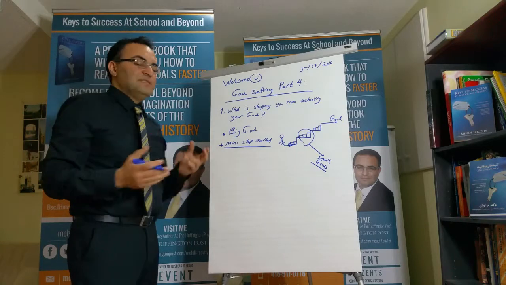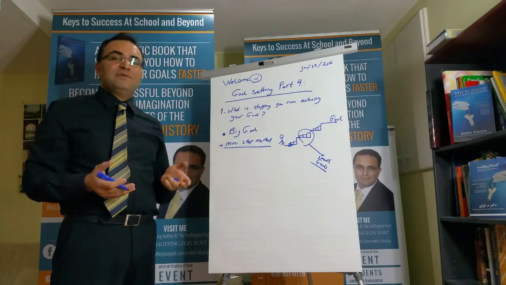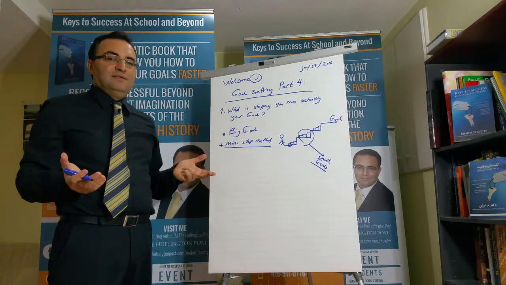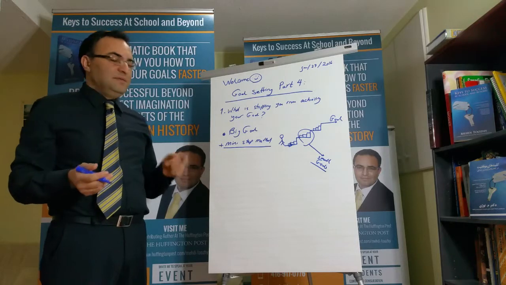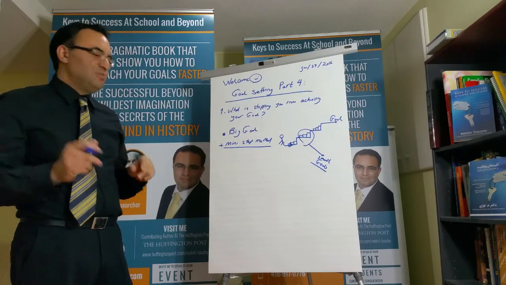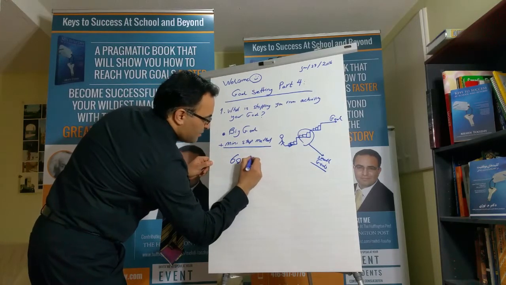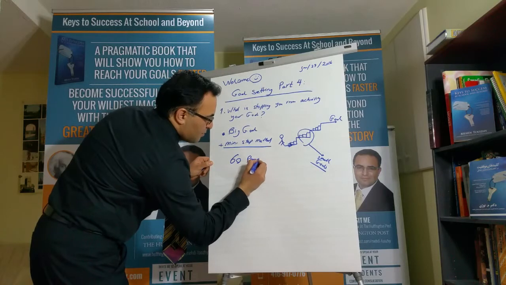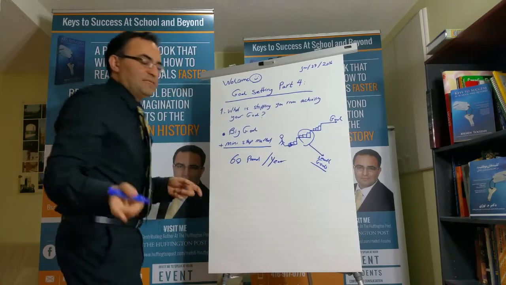Because initially, for instance, if we take an example, say I want to lose 60 pounds this year. 60 pounds sounds like a lot, but with mini step method, we can break it down to a smaller, manageable step. For instance, you want to lose 60 pounds in the next 12 months.